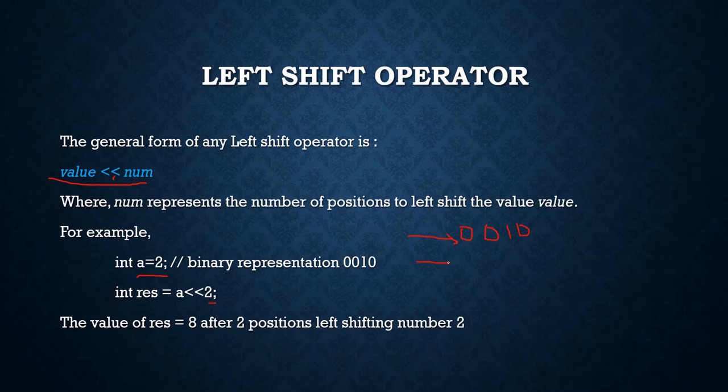In the first step, it is shifted towards the left once, so it becomes 0, 1, 0, 0. And again in the next step, it becomes 1, 0, 0, 0. The value of this binary number is 8. So the result variable will hold the value 8 after shifting the number two positions left. So this is about the left shift operator.